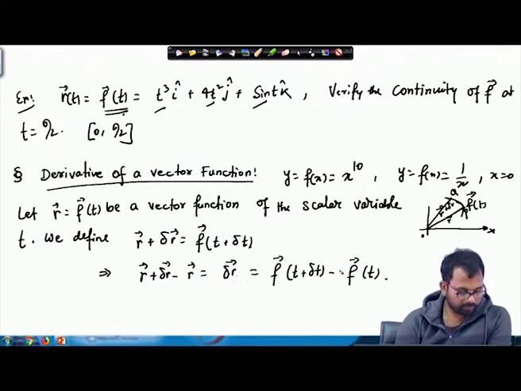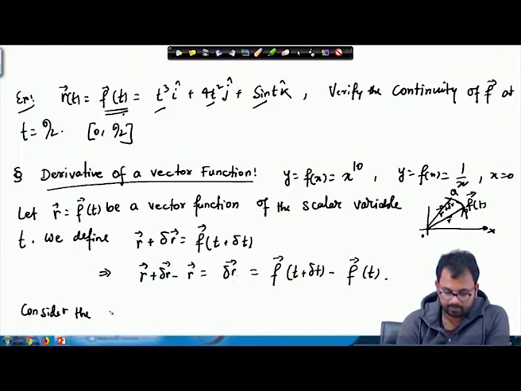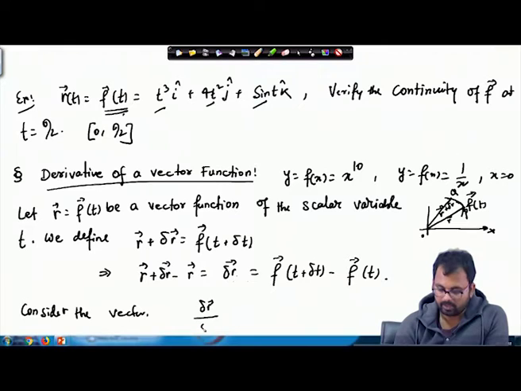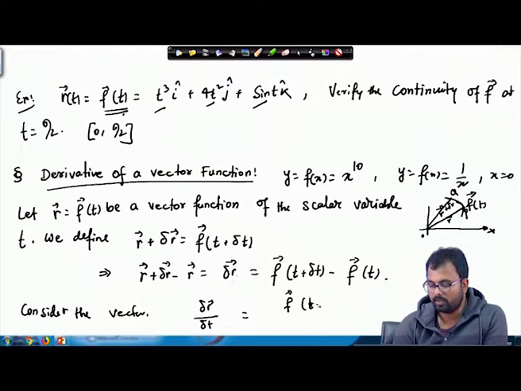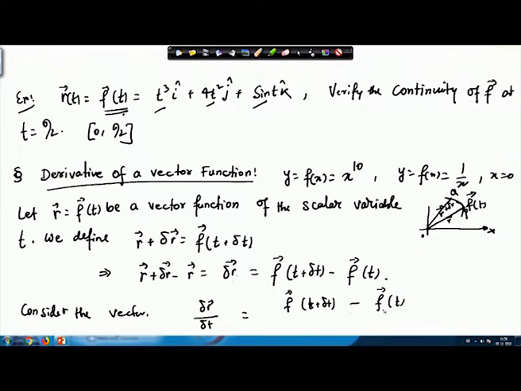Now, if we consider the vector delta r by delta t, then this will be f of t plus delta t minus f of t, divided by delta t.